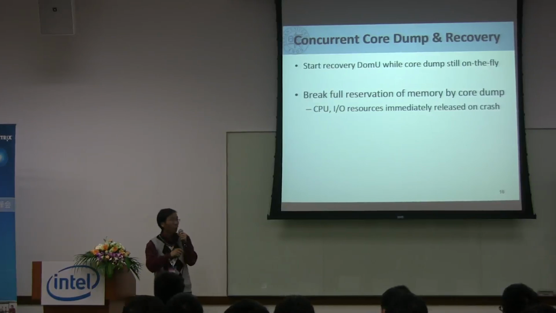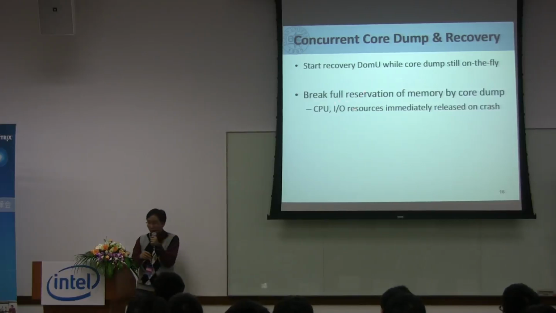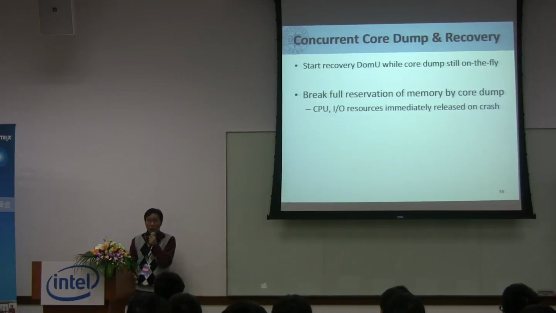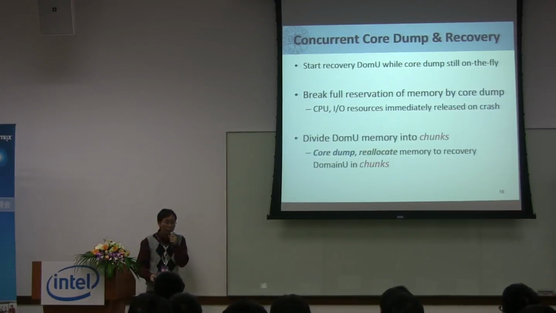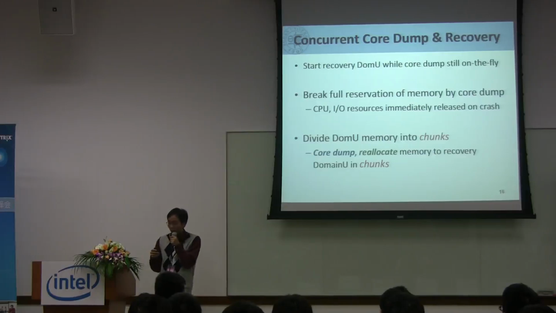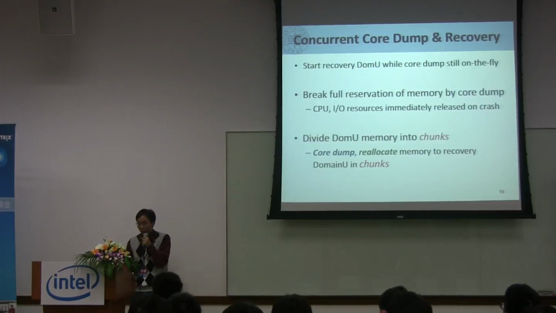So we need to break the tie of the reservation, so that the CPU and I/O resources can be immediately released on crash. Also, to relinquish the memory from the crashed VM, we divide the VM's memory into chunks.